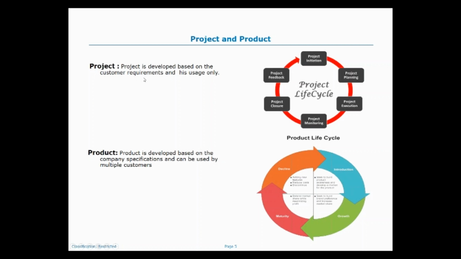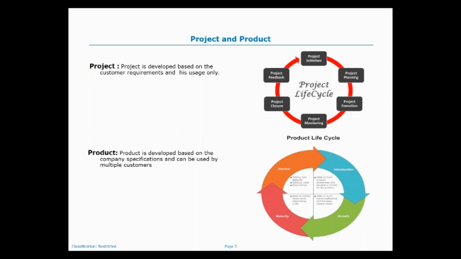Okay, say in the banking domain, you are developing a project which is related to Citibank or Bank of America. When you are taking the requirements from them which are very specific to Bank of America, then this is known as a project. Okay, when you are dealing with a client, it is not a generic application, it is a particular client for whom you are going to develop a product or software, then it is known as a project.